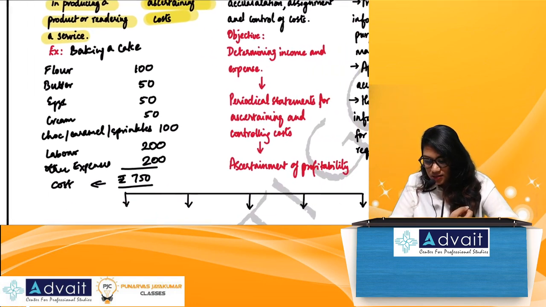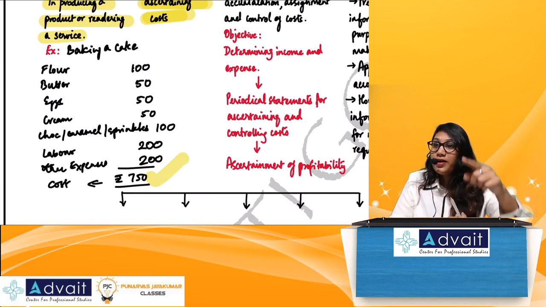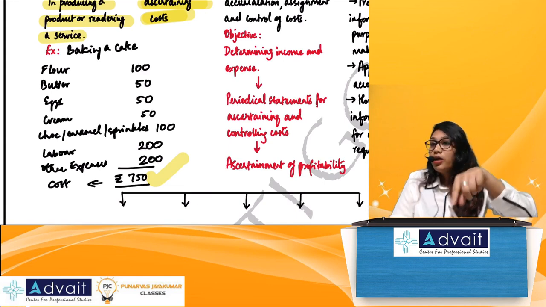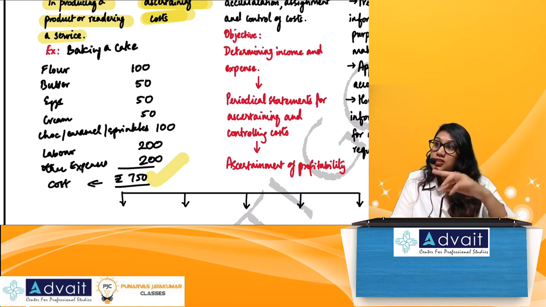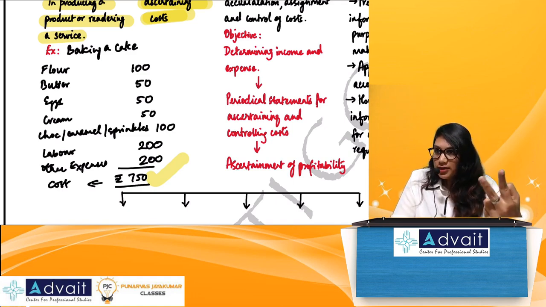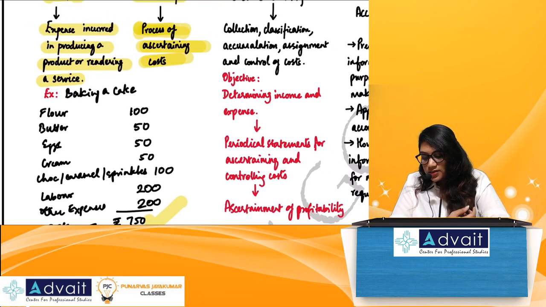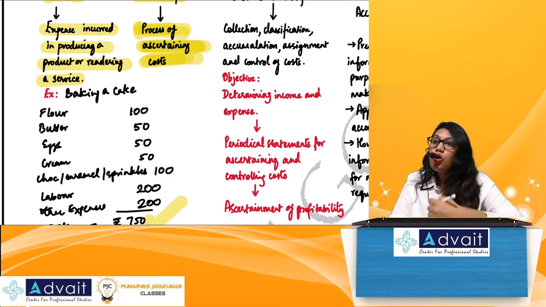So this is cost. 750 rupees is cost. But the method that I followed in arriving at that 750 rupees is called costing. So do you get the difference between the two? Cost, costing. The process of ascertaining costs. How did I know that the value of flour was 100 rupees?